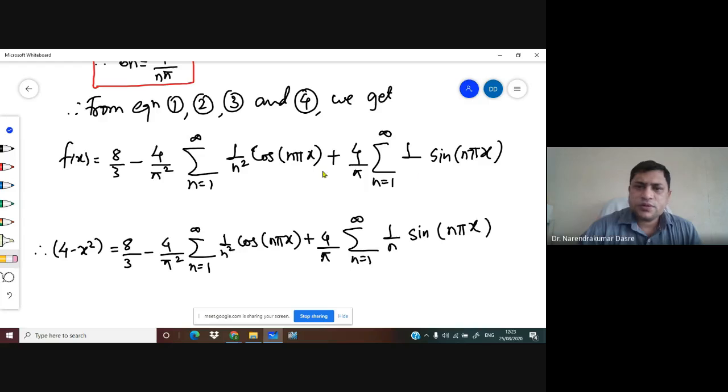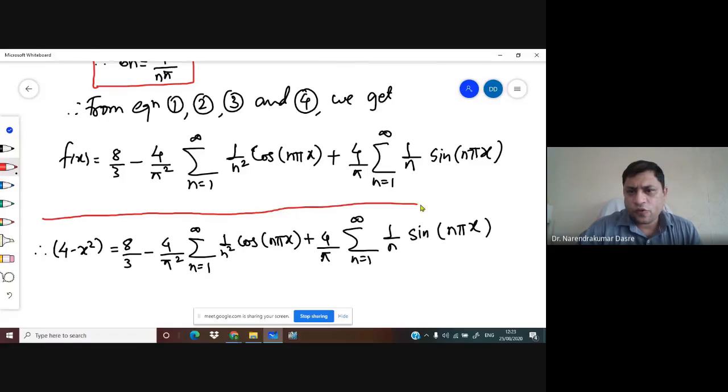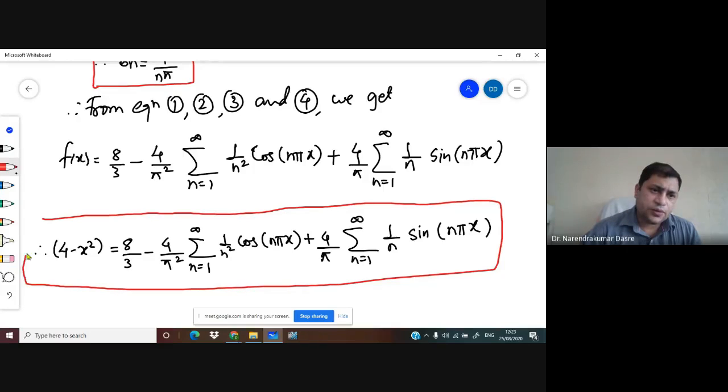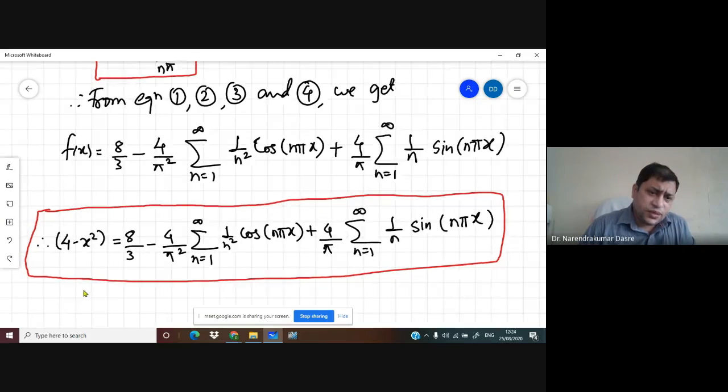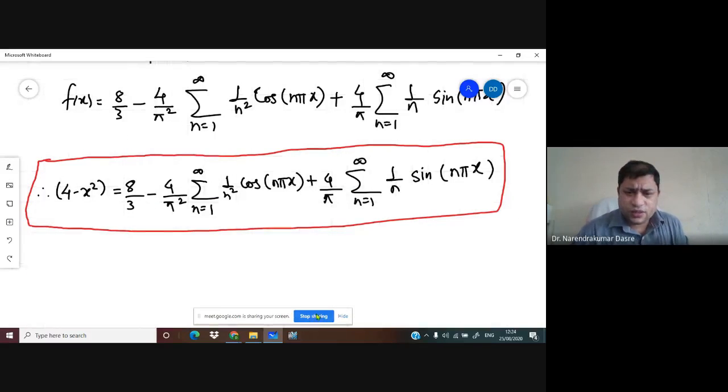And so this way we are able to get the Fourier series for the function 4 minus x square in the interval 0 to 2. So that's what we are able to get.